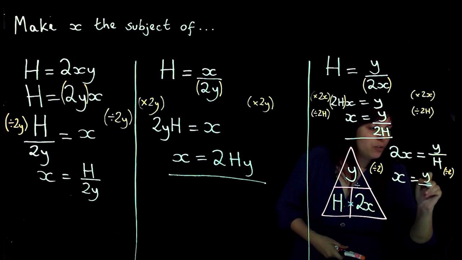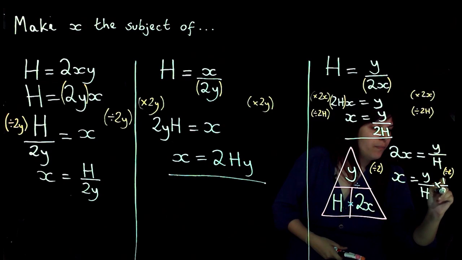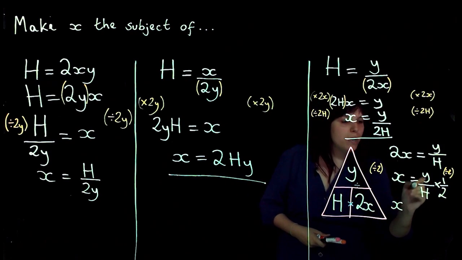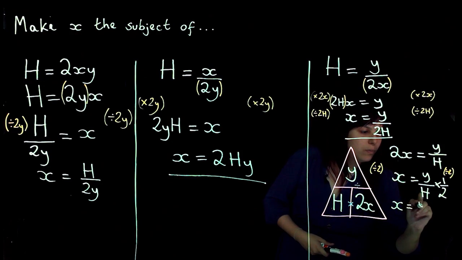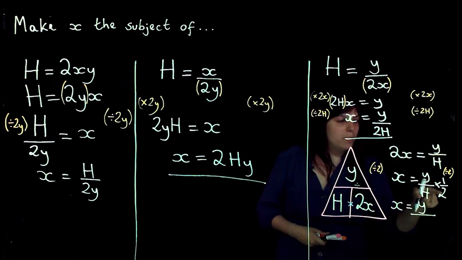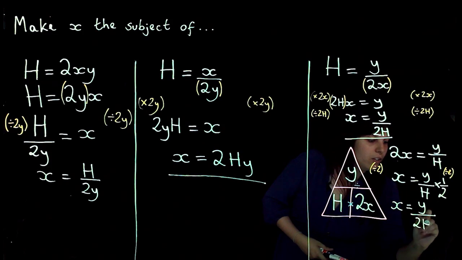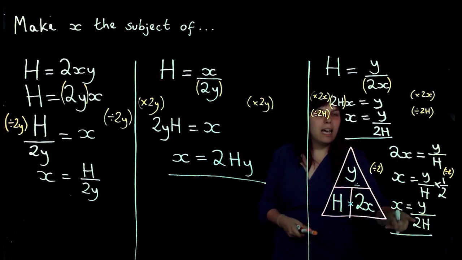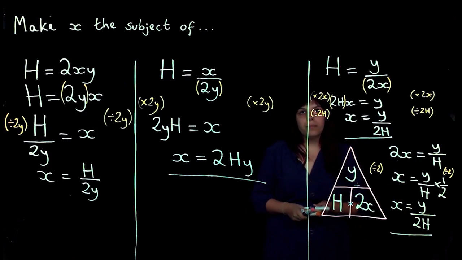So it's much better for me if I write it that way. Let's multiply it by a half. And then I'm going to do numerator multiplied by the numerator, which is y, and denominator multiplied by the denominator, which is 2h. So I get my rearranged formula, and it's the same as my original answer.